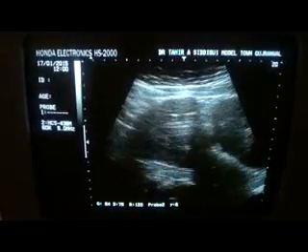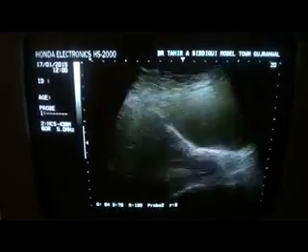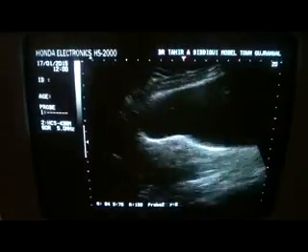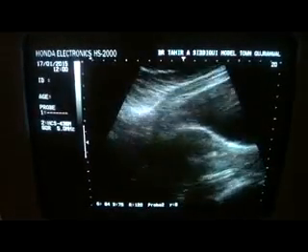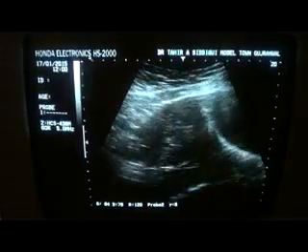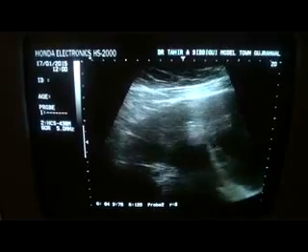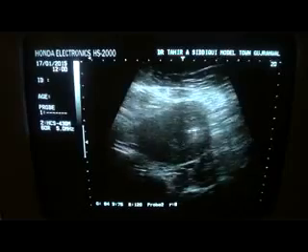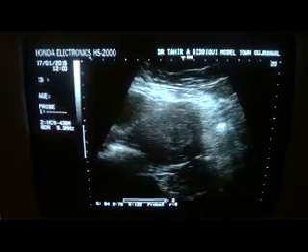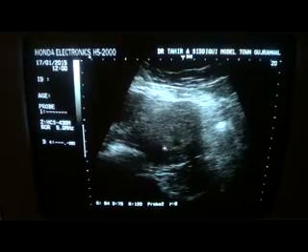You will see it in longitudinal section as well as in transverse section both. Let me show you in another view. This is a small tiny cystic area with an echogenic rim around.